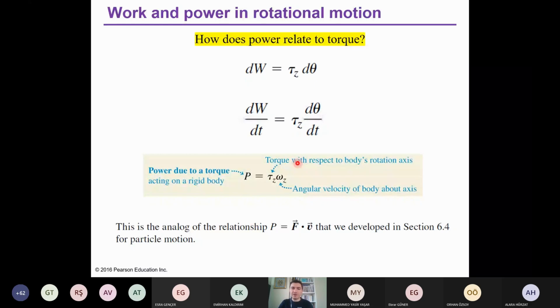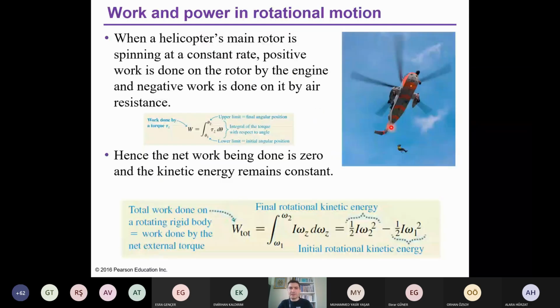So now we have the power due to a torque acting on a rigid body. Here, let me give you one example. Here, there is a helicopter and it is stationary in the air, okay? When a helicopter's main rotor is spinning at a constant rate, positive work is done on the rotor by the engine and negative work is done on it by air resistance, okay? So there is the air resistance. So the work done by the torque applied by the engine is given by this one.